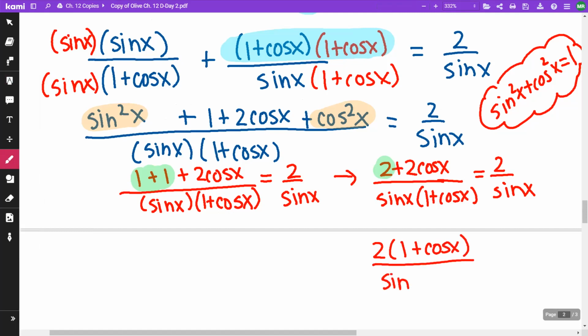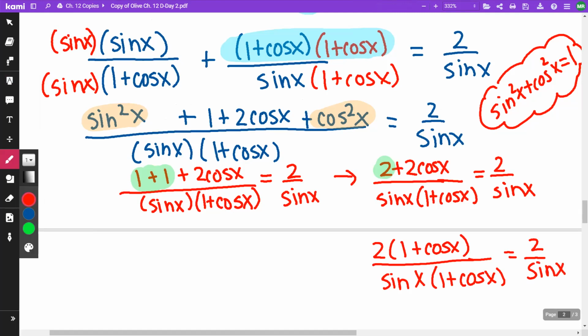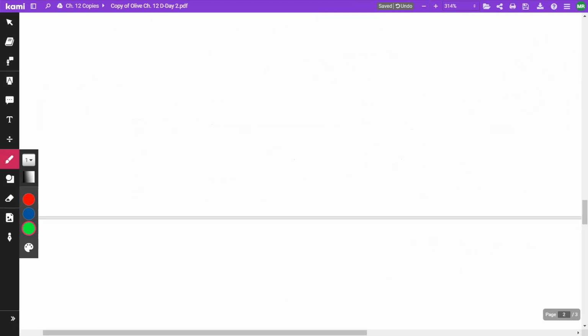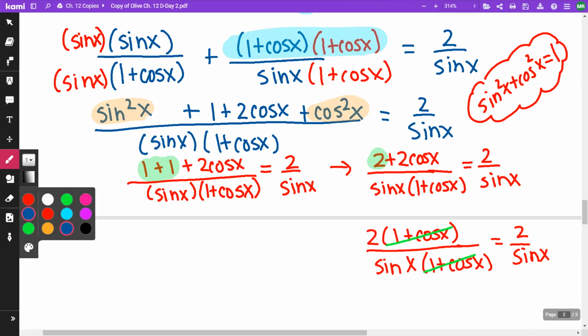And I'm going to have 2 times 1 plus cosine x over sine x times 1 plus cosine x. I have this 1 plus cosine x and this 1 plus cosine x, which are going to cancel out. And I am going to be left with a 2 over sine x.